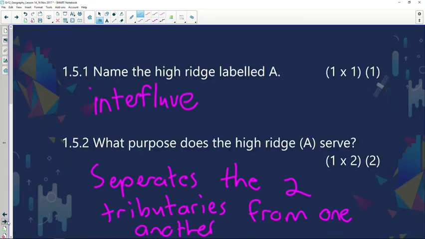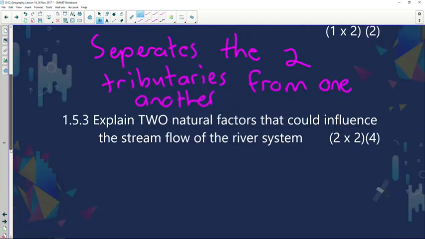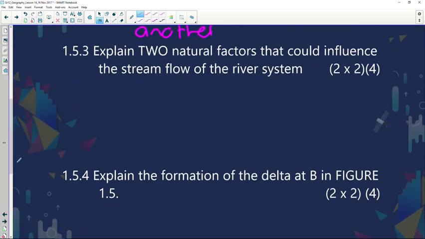Now let's quickly go back to our question. Explain two natural factors that could influence the stream flow of the river system.